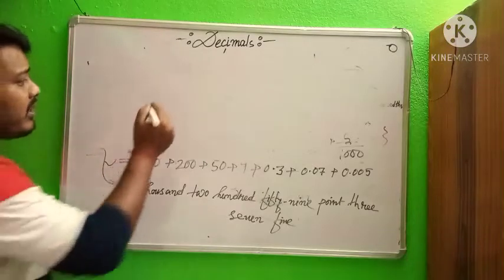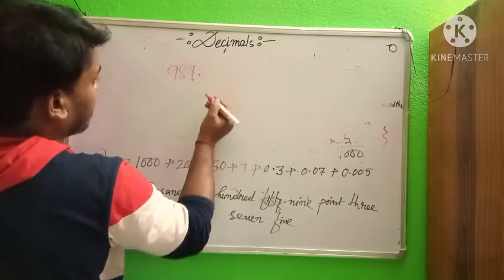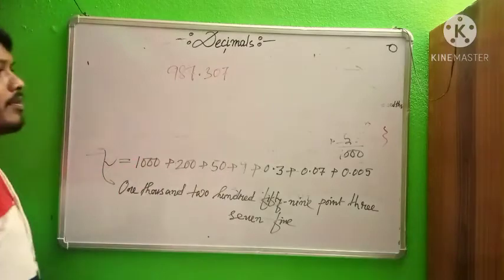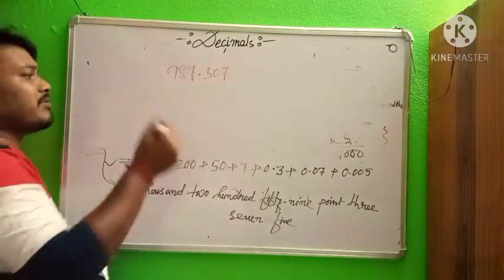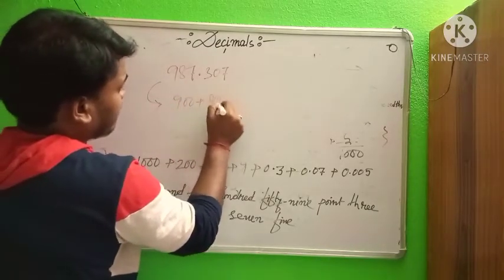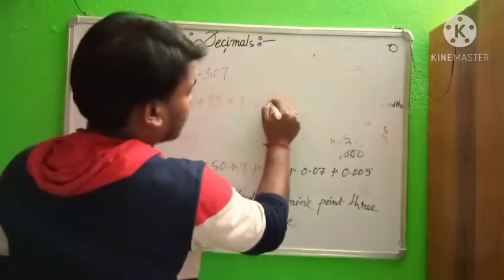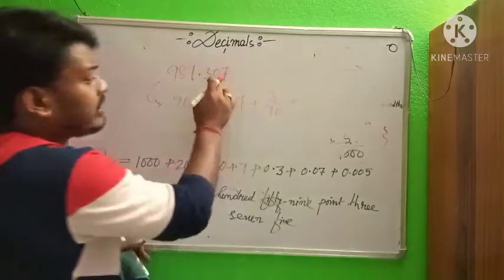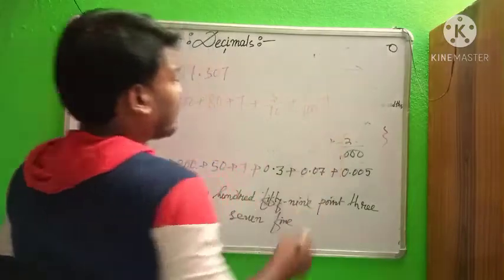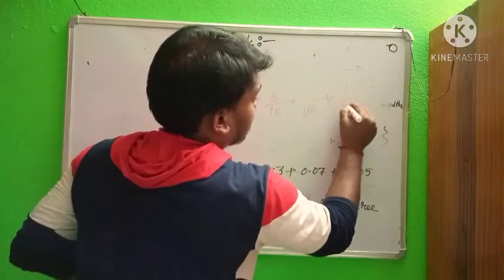Okay, I take another example. 987.307. Similarly, if we write in expanded form, place value of 9 is 900, place value of 8 is 80, place value of 7 is 7, plus place value of 3 is 3 by 10, place value of 0 is 0 by 100, plus place value of 7 is 7 thousandths, so 7 by 1000.